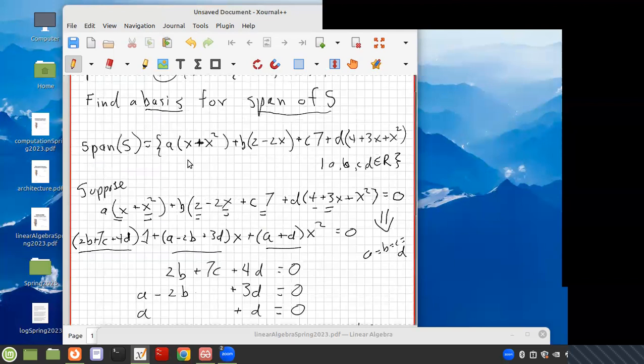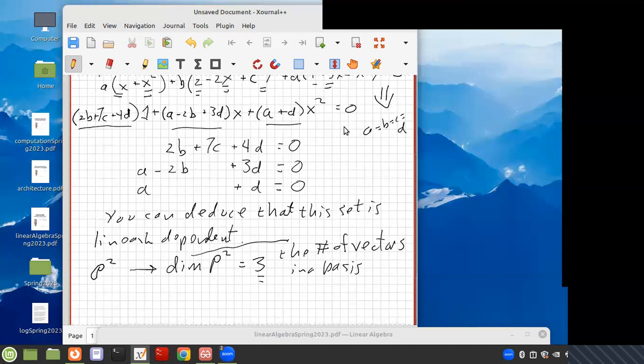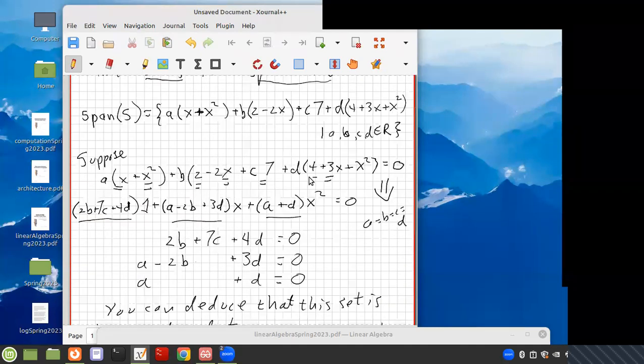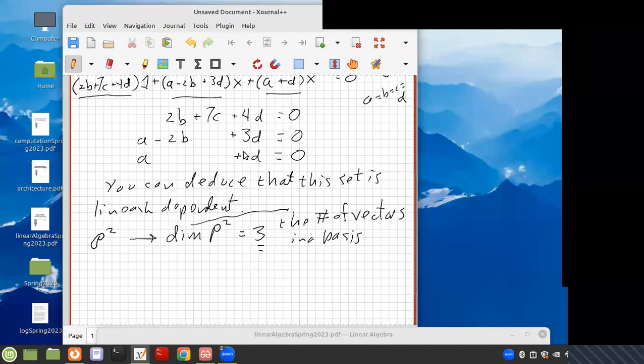And S here has 1, 2, 3, 4 vectors, so it can't be linearly independent. If we could express one of these vectors as a linear combination of the others, then we would be able to eliminate one of those variables. That we can do by solving the system.